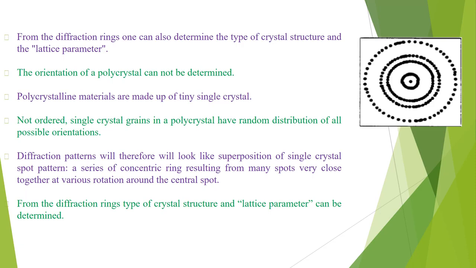From the diffraction rings, the type of crystal structure and the lattice parameter can be determined. One cannot determine the orientation of a polycrystal since there is no single orientation, and flipping or turning the polycrystal will yield the same ring pattern.